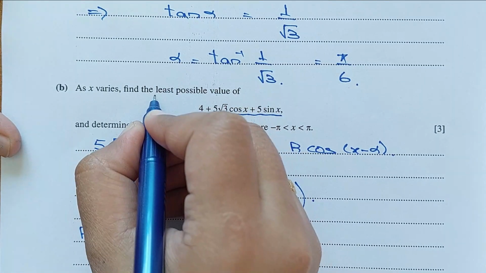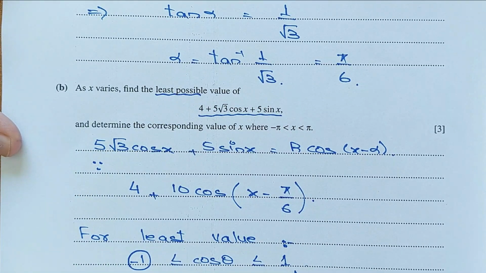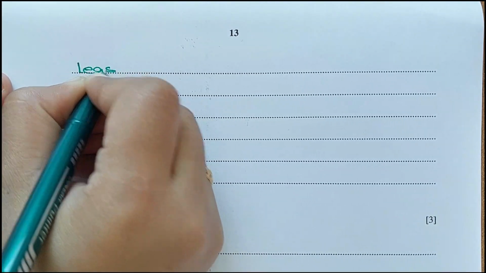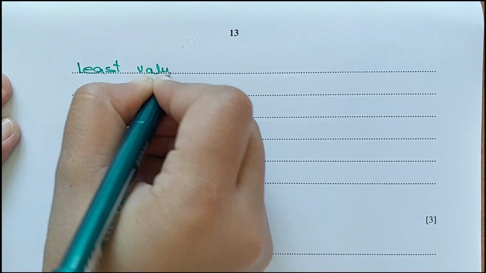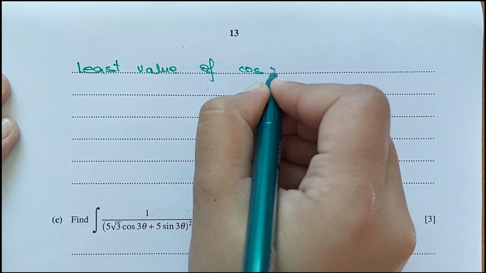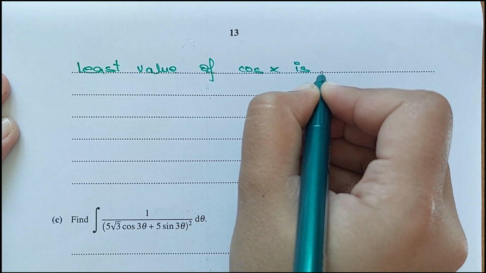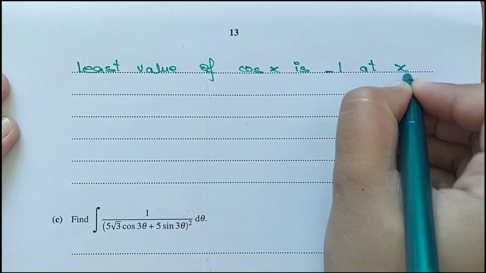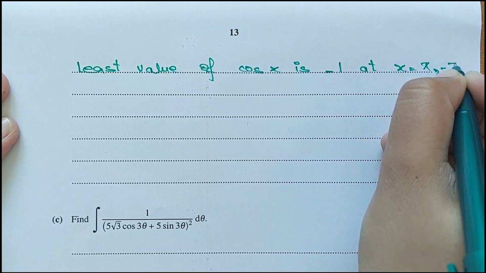We have to find the least possible value, right? We know that the least value of cos x is -1, and it occurs at x equals pi and minus pi.